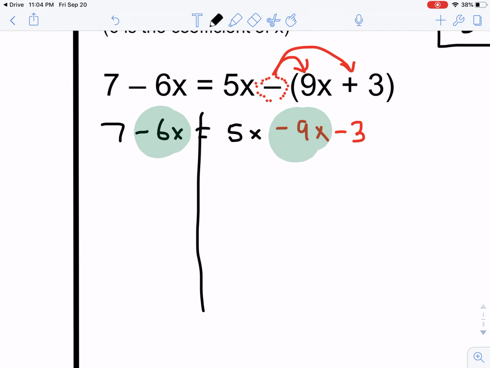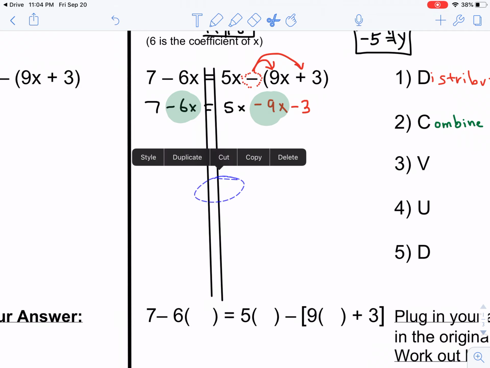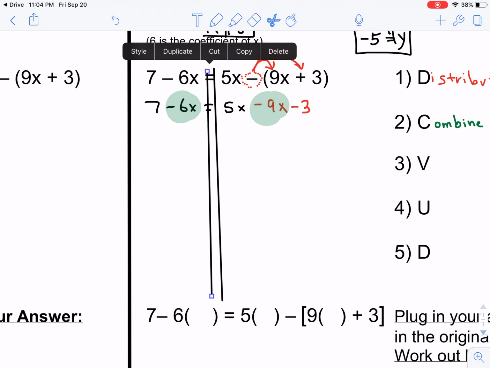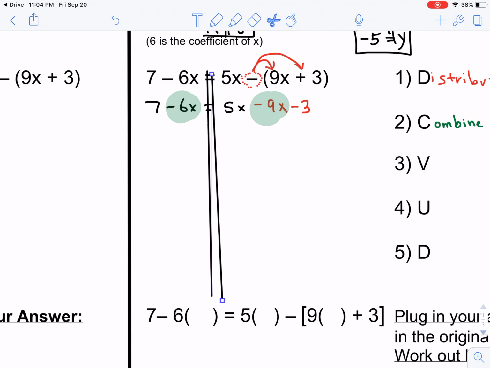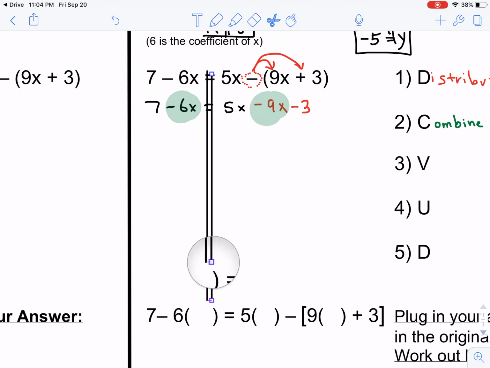One second, let me redo that. Sorry about that, just straightening that out.